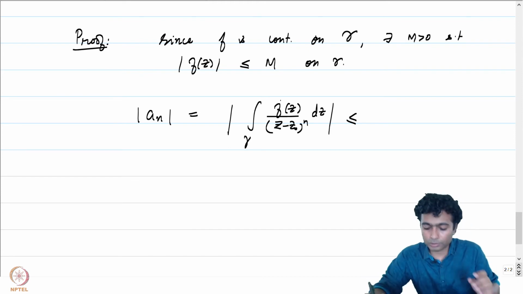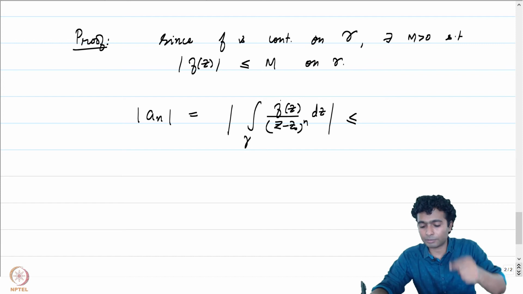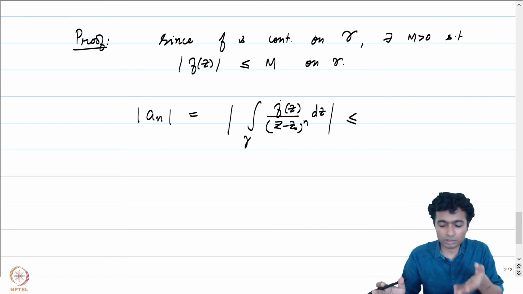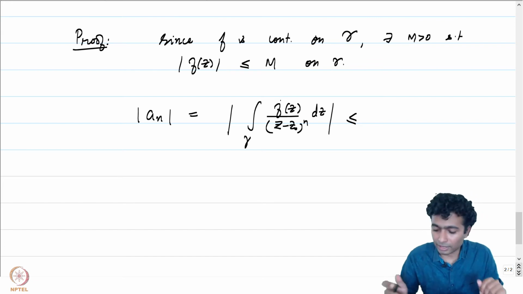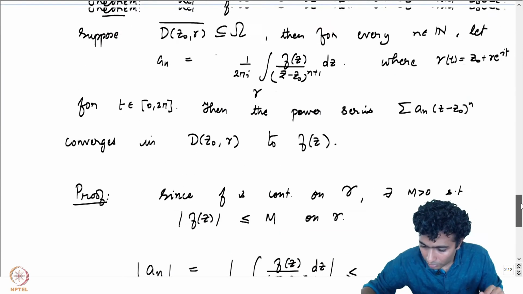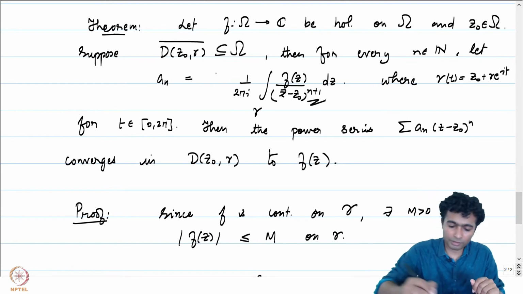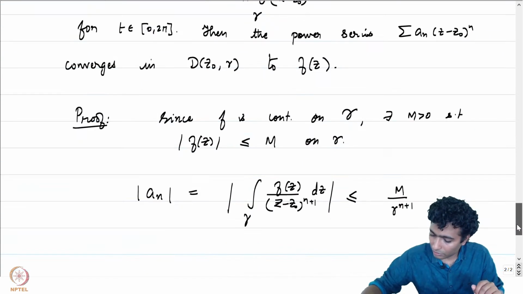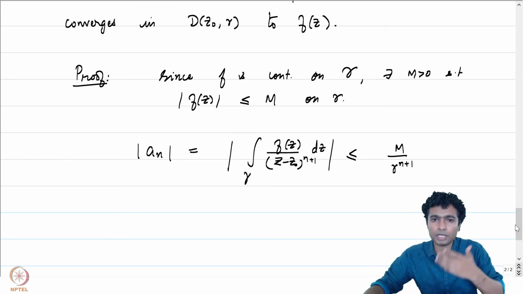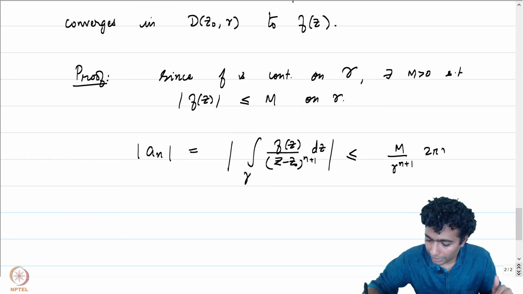If you notice, the absolute value of f of z by z minus z naught, the absolute value of z minus z naught is equal to r because z is on the circle of radius r. So this is certainly less than or equal to m by r to the power n. Oh, there is an n plus 1 here. If I have not put it here, it is n plus 1 in the theorem as well. So it is less than or equal to m by r to the power n plus 1 times the arc length, which is 2 pi r.